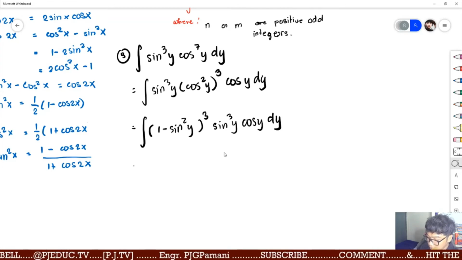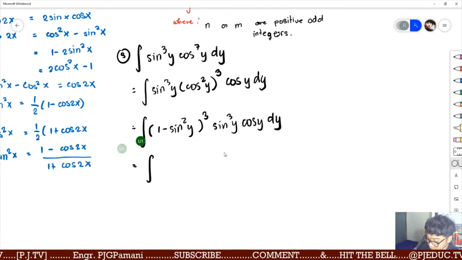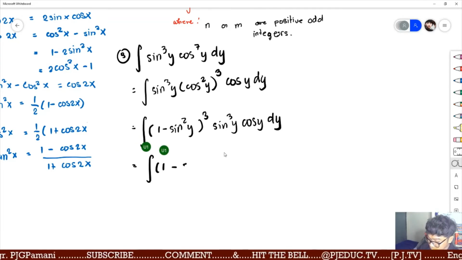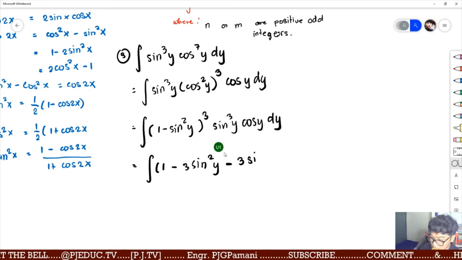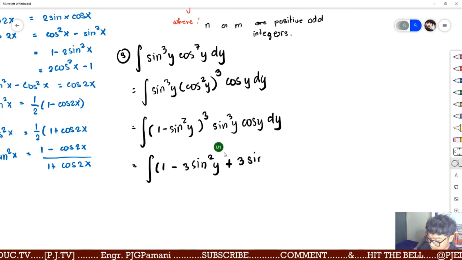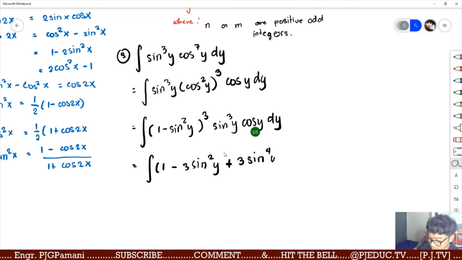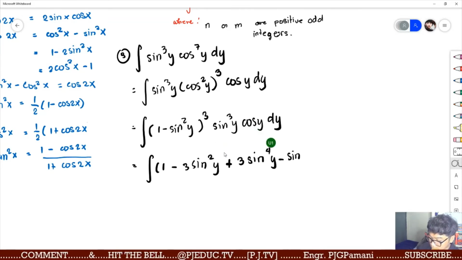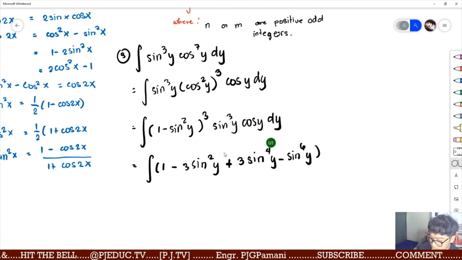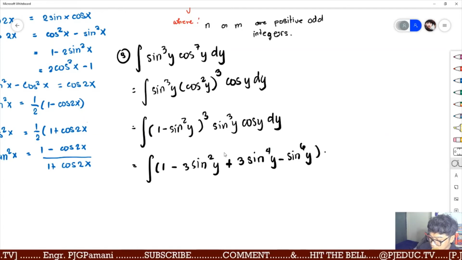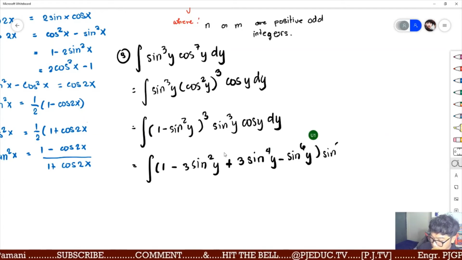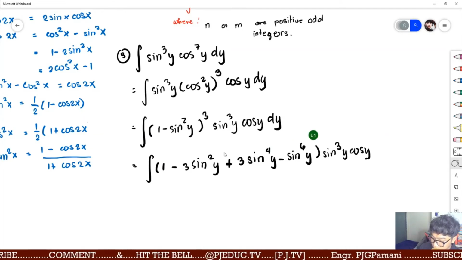Knowing that, expand lang natin yung ating term. That is 1 minus 3 sine squared y, kasi 1 squared, minus 3, positive sine raised to the 4th y minus sine raised to the 6th y, times sine cube y times cosine y dy.